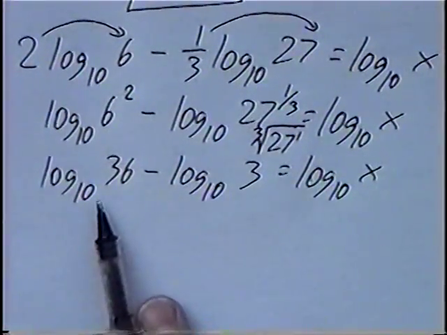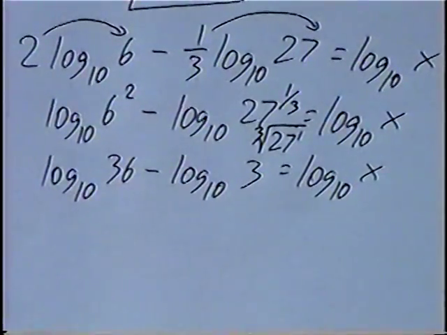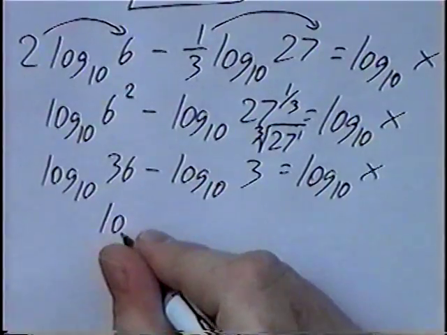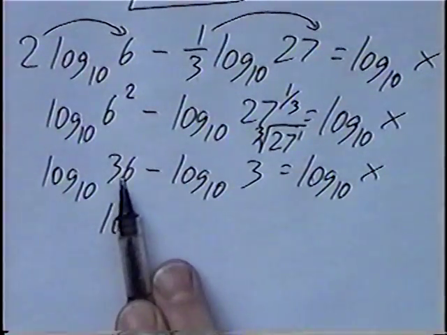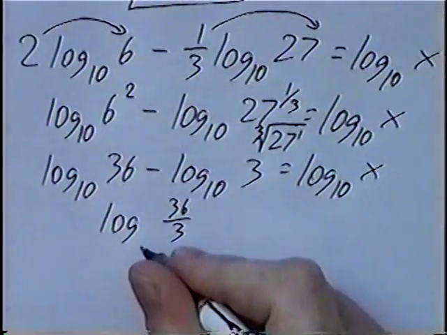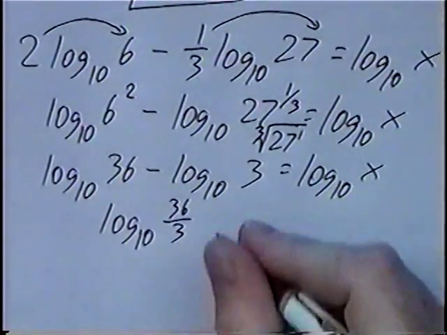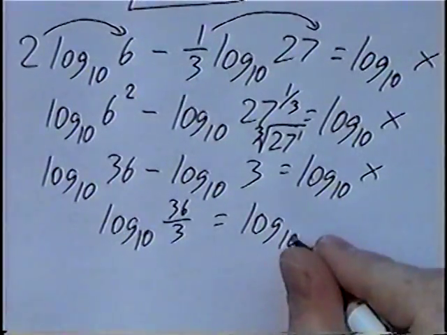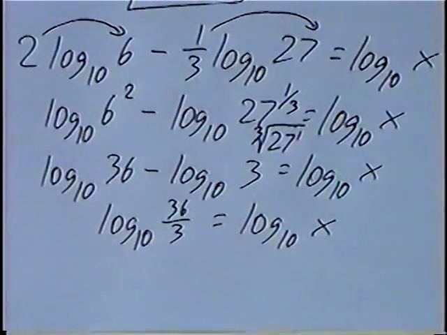Simplifying once more, now we have a single log with no numbers outside. The subtraction we can change into a single log: 36 divided by 3, and the base 10 would stay the same, equals the same log base 10 of x.